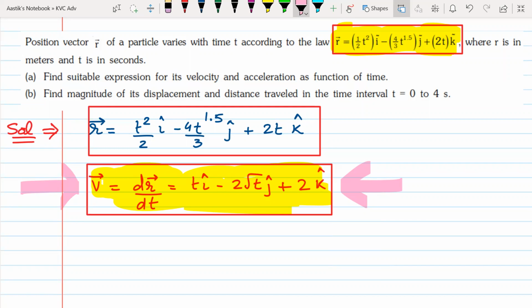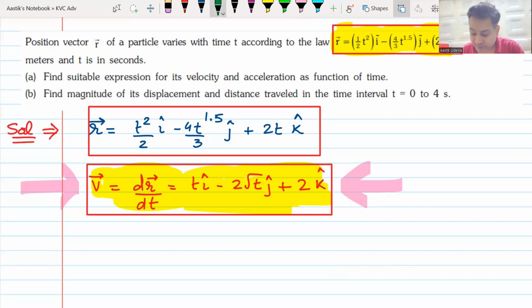Yes, that is absolutely correct. This has to be a non-uniform velocity. We all understand this, yes or no? Now, just to add further to our discussion, this velocity has 3 components.